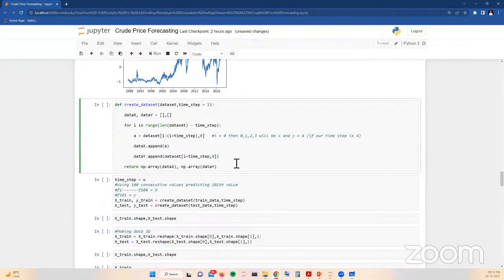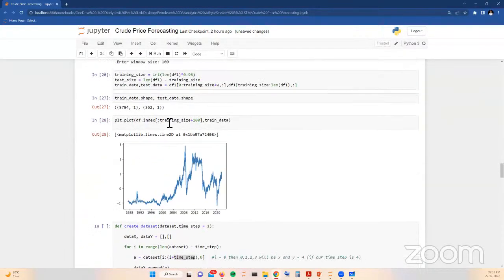Now this particular function, my create data set function, is taking care of the creation of my batches depending on my window size. If you see the logic written in my for loop, what I am doing exactly is taking my time step, that will be my window W that I have already mentioned, 100.